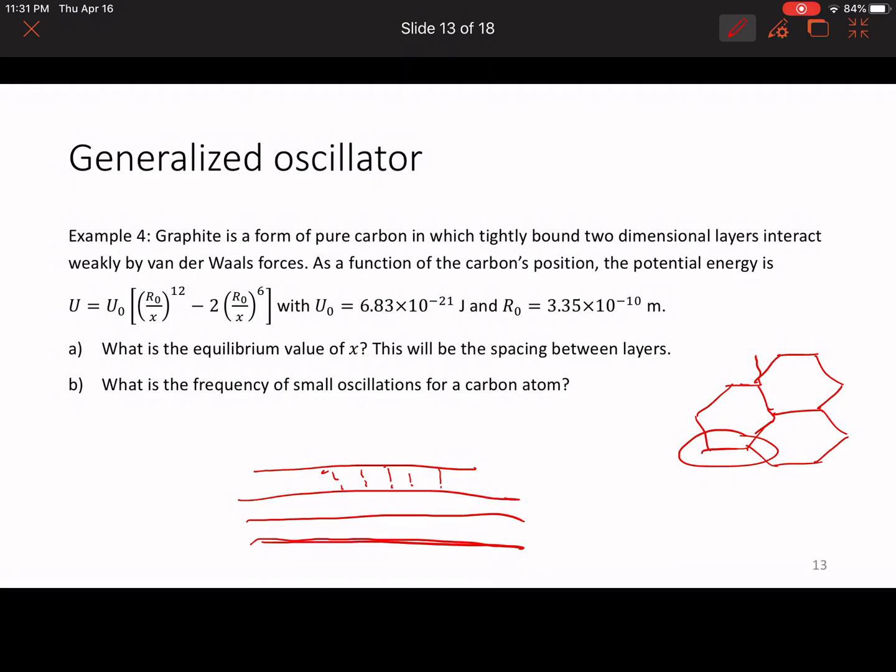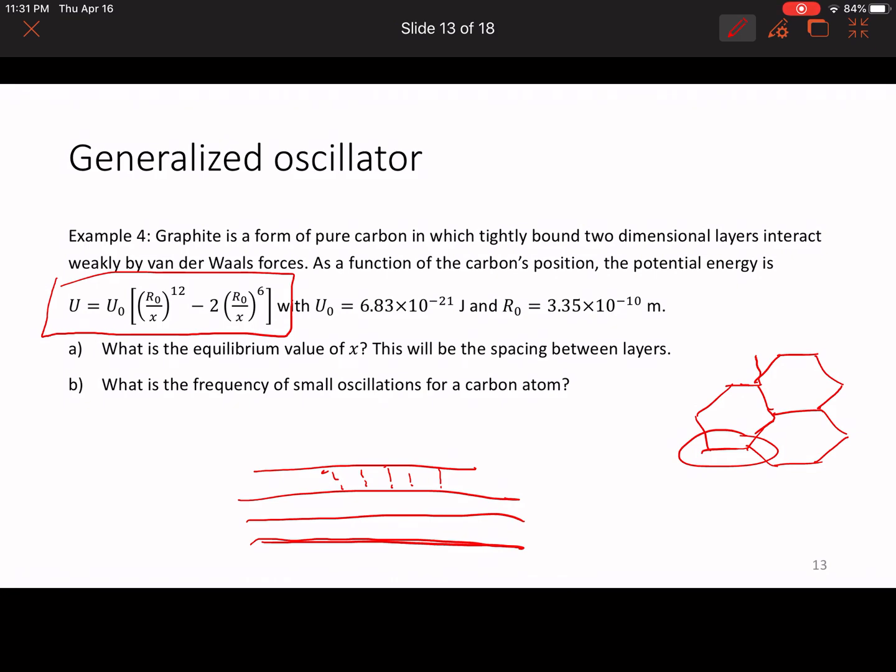And it turns out you can express these in terms of a force, in terms of a potential energy, which turns out to be U equals U0 times (R0 over x)^12 minus 2(R0 over x)^6. Where for graphene, the approximate numbers are U0 is 6.83 times 10^-21 joules, and R0 is 3.35 times 10^-10 meters.